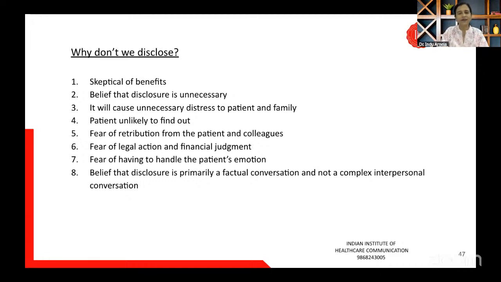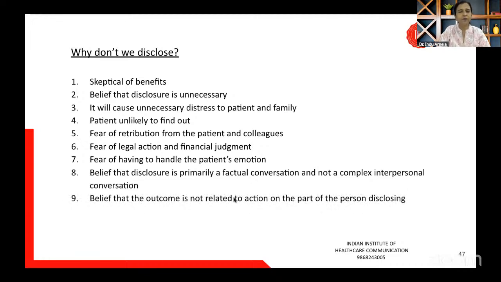So I very well understand. If you have a clientele who is very aggressive, we know there are certain communities who are very prone to becoming aggressive and violent, and they start destroying things. So definitely there will be a fear that they can react that way. Sometimes people think that disclosure is a factual conversation, and there is no need to get into the emotions, explanation, dialogue, and answering their questions.